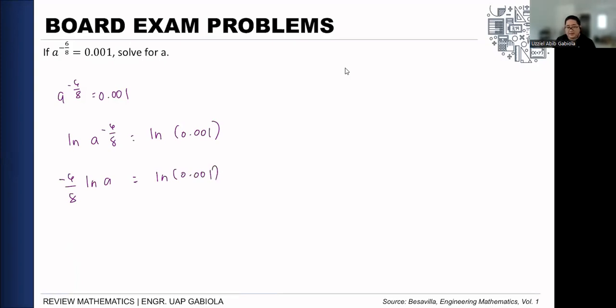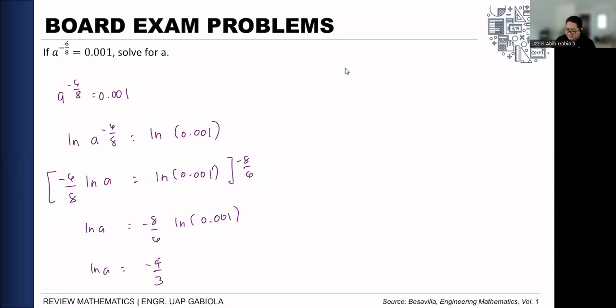Then, to simplify, multiply natin both side by negative 8 over 6 para mawala yun doon. ln A is equals to negative 8 over 6 ln 0.001. Okay? So, ito, ln A is equals to negative 4/3 ln 0.001.